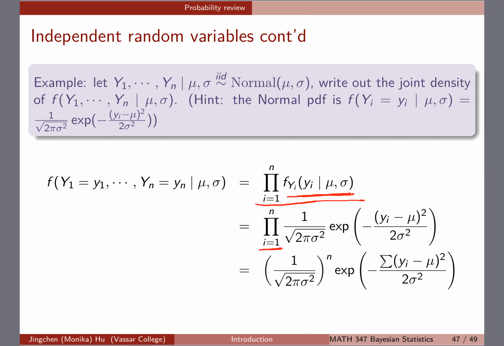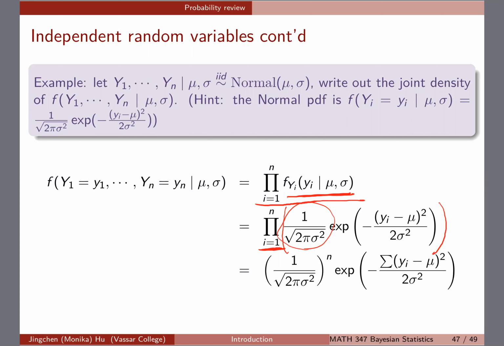So we keep the product sign here, and each term is a particular expression based on the normal PDF we're given. Typical simplifications for this type of manipulation: the product is governed by the subscript i, but this first term has no i's in it, right?